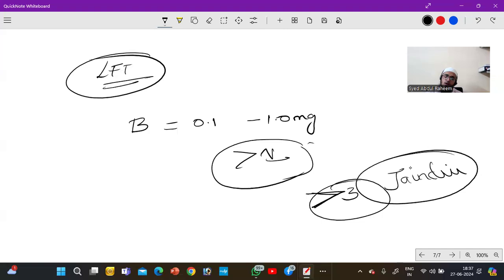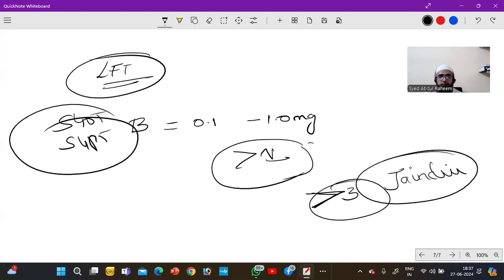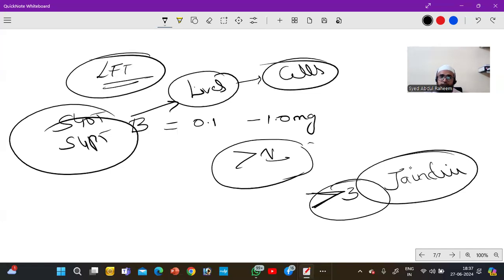We have other tests also, which show the inflammatory condition: SGOT and SGPT. The inflammation of the liver and the condition of the liver cells are explained by SGPT and SGOT.